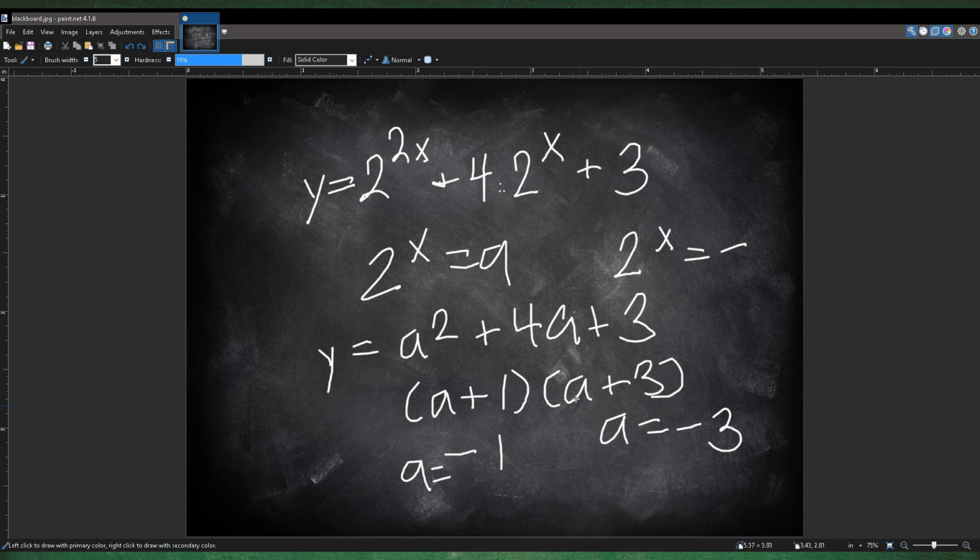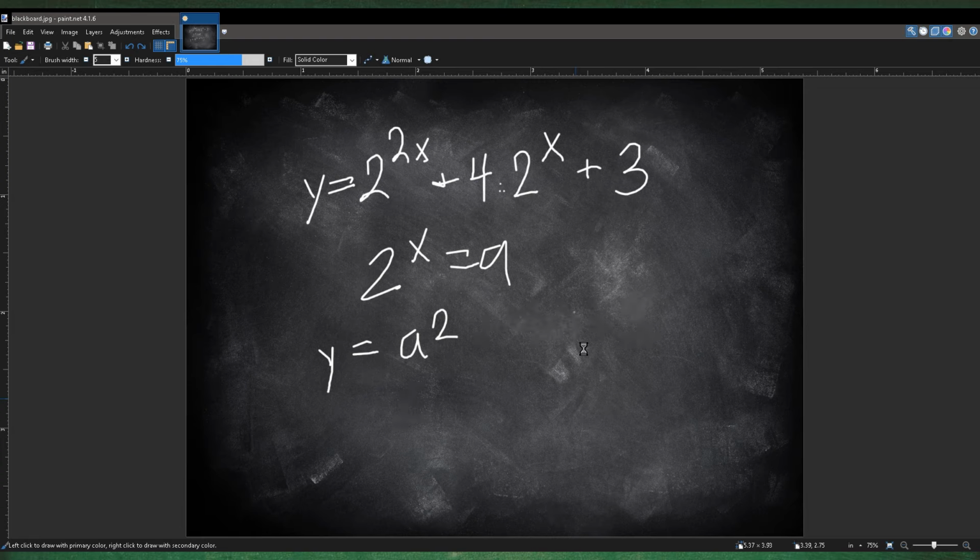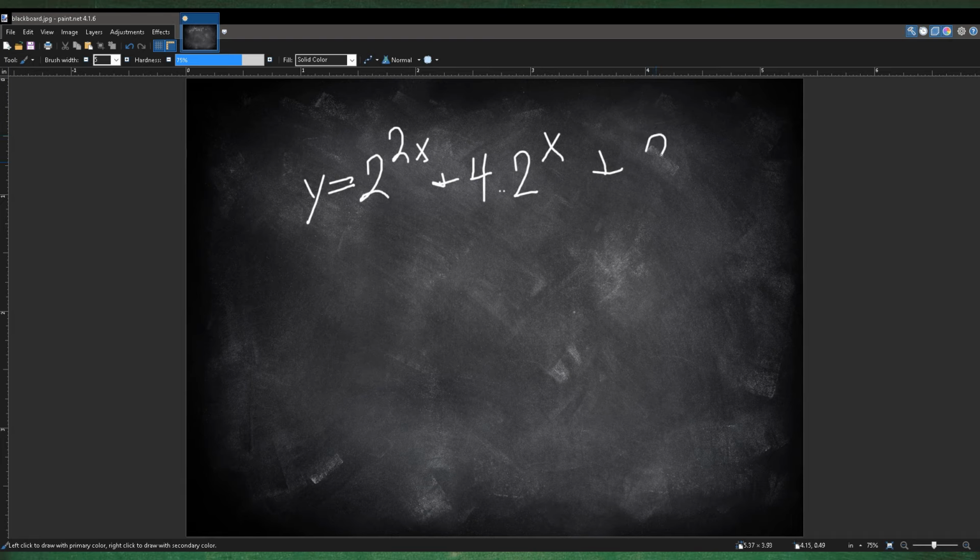Another way you could do this, if you don't want to do any of the substitution, like you don't want to make the variable a, let me just make this easier, like minus 4 times 2 to the power of x, so we get some answers actually, plus 3. So let's say we have something like this, right?